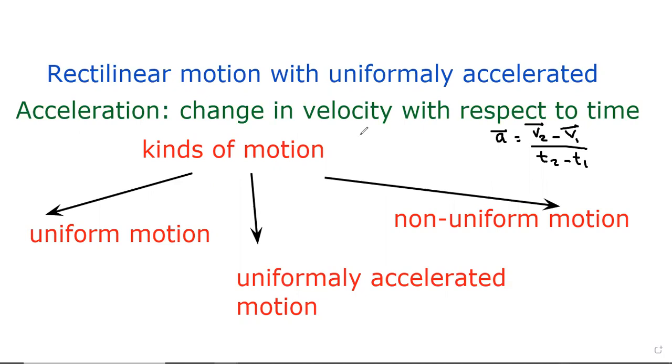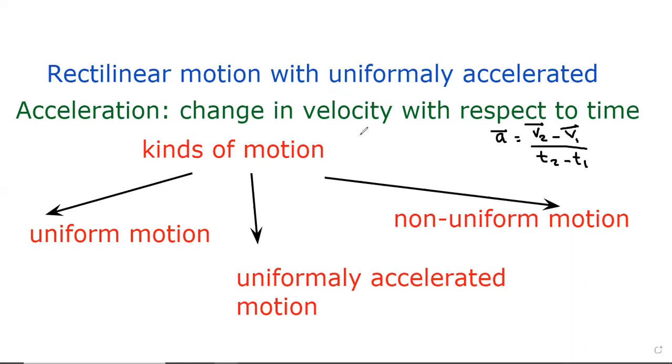In uniform motion, an object moves with a constant speed in a straight line. That means the object covers equal distances in equal intervals of time.